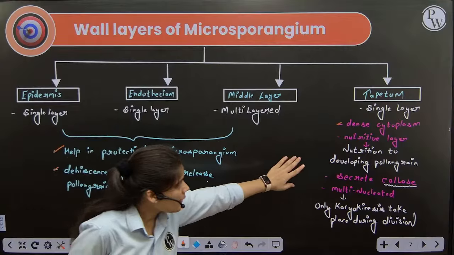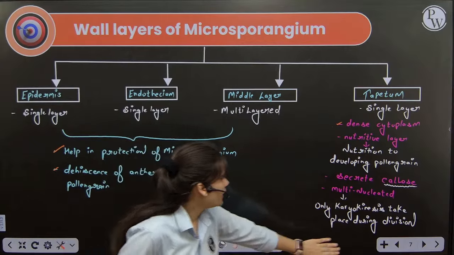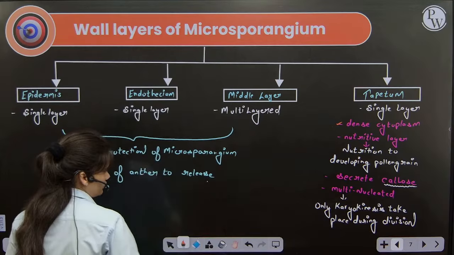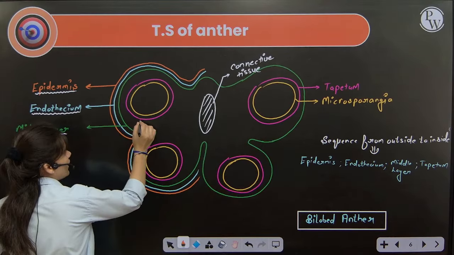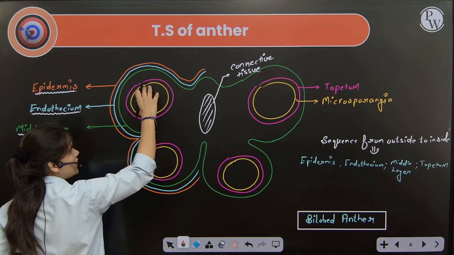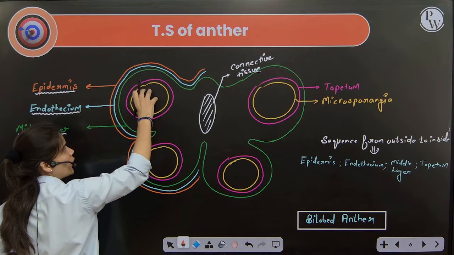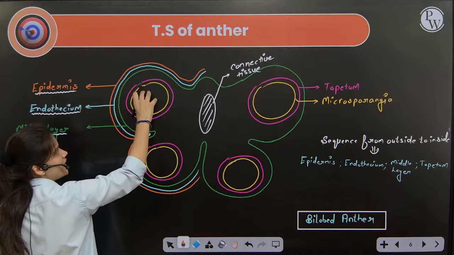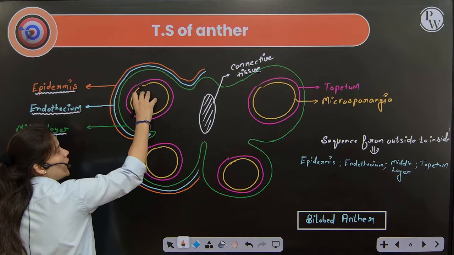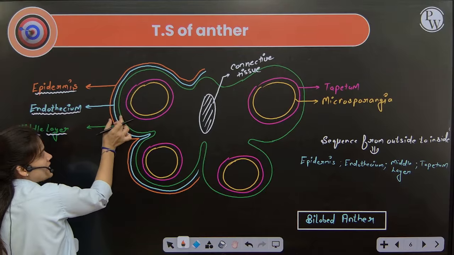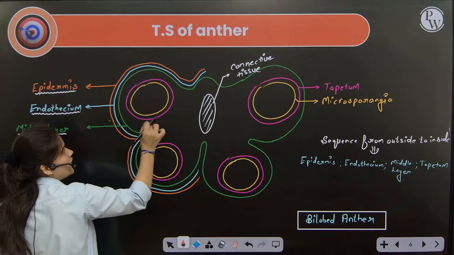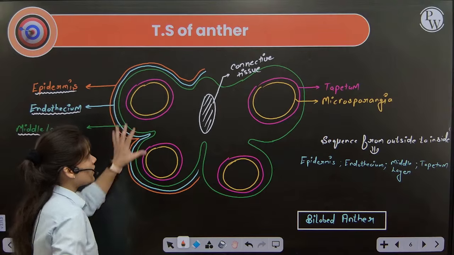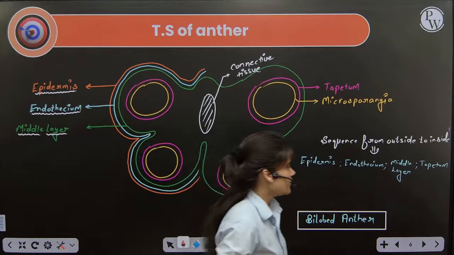This tapetum layer is going to provide nutrition to the developing pollen grains which develop inside this microsporangia. Outer three layers help in protection and dehiscence of anther to release pollen grains. Inner one helps in providing nutrition to the developing pollen grains.